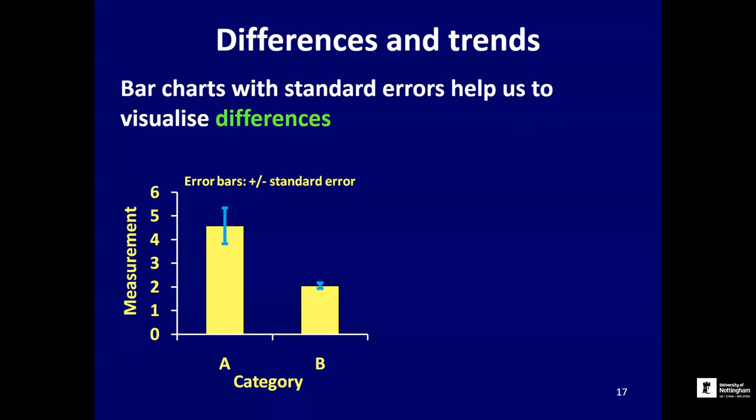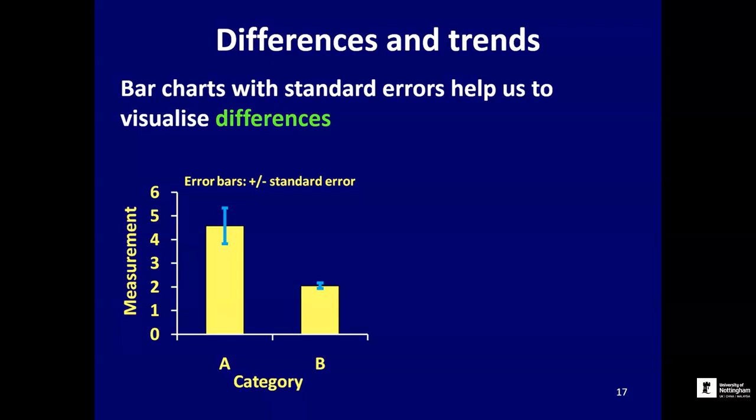So we would typically visualize data in the form of graphs in order to spot these patterns, perhaps before we do any analysis. When we're looking for differences, what we would typically do is plot some measure of central tendency for each of the groups that we're interested in comparing.